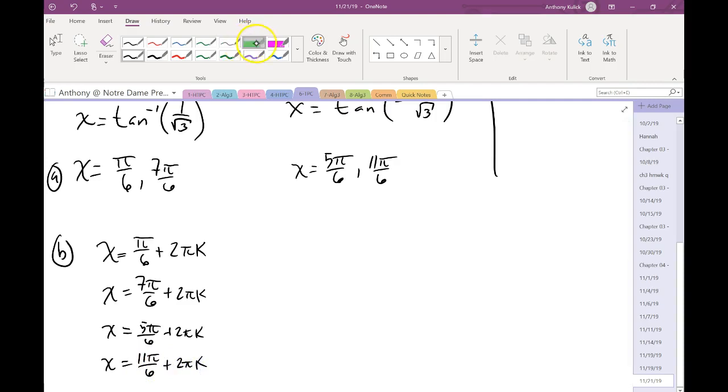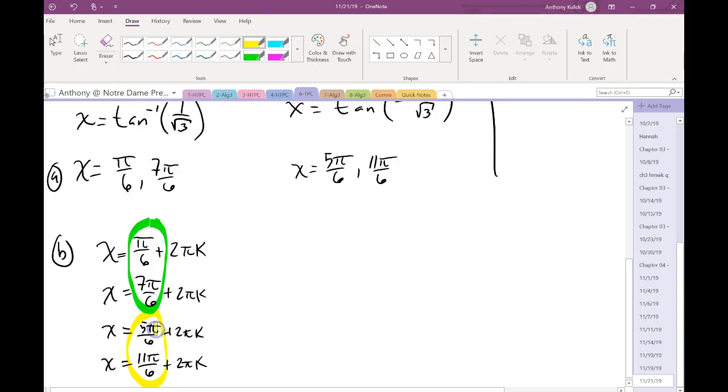So if I look at these two answers, and if I look at these two answers, how far are those apart? They are pi units apart.